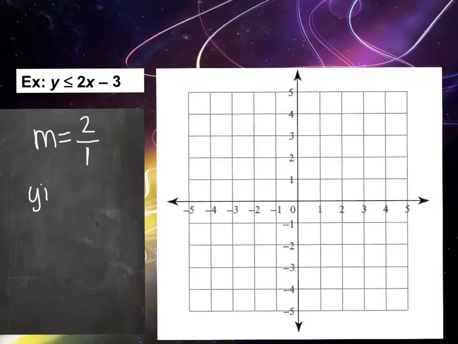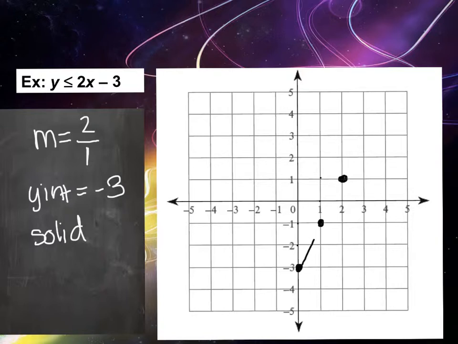Our y-intercept, the point that we always begin with, is negative 3. And because I have a bar underneath my inequality symbol, I'm going to want to use a solid line to graph. So I'm going to start at negative 3 and make my first dot. And I'm going to go up 2, 1, 2, and over 1. And I can also go up 2 and over 1 again to get a third point.